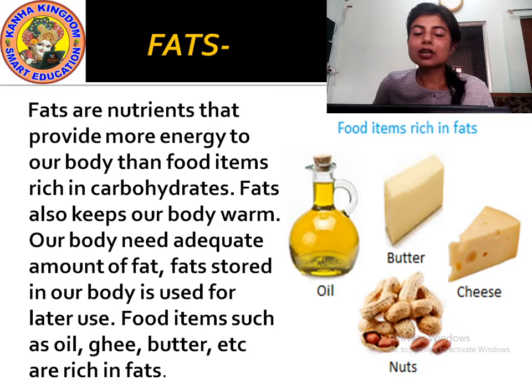In a way these are useful to our body, and in another way they are also harmful. Though they provide us energy, we should always take this food in a limited or adequate amount. Understood, students? Food items like oil, ghee and butter are the sources of fat.